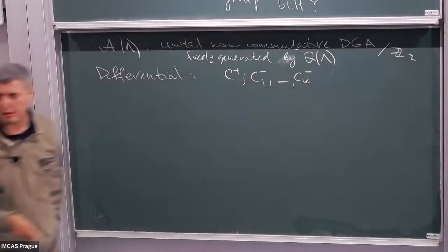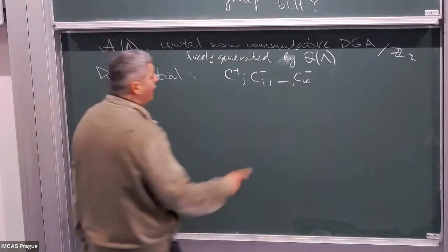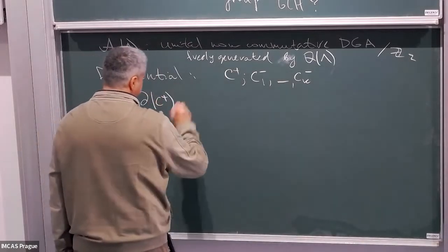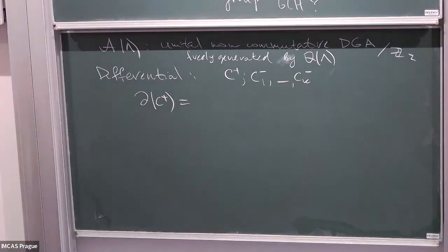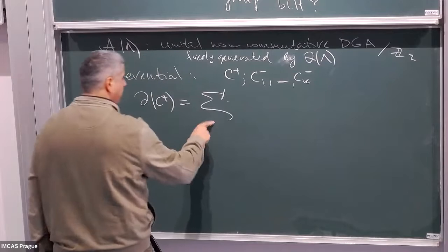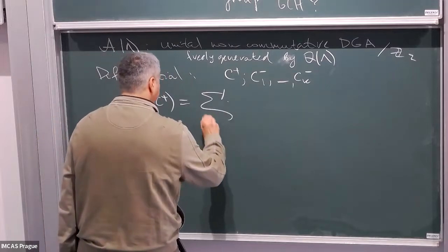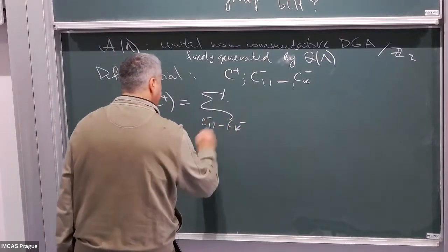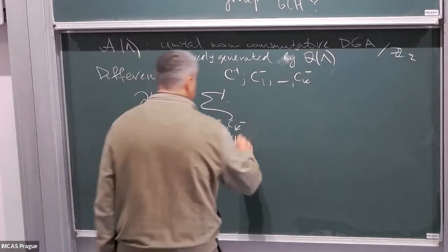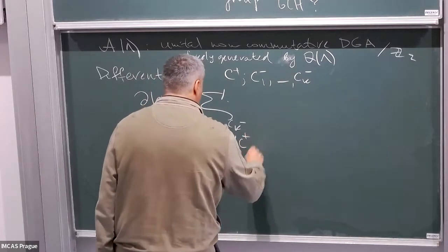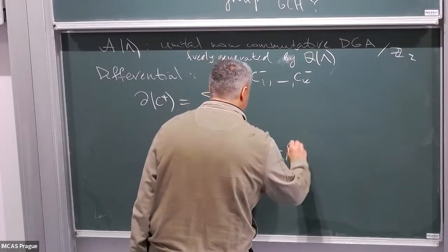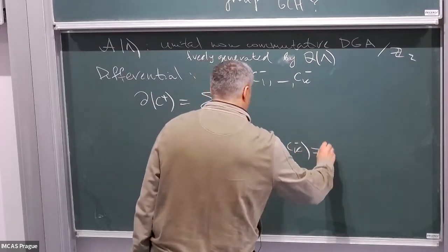Then we define d of C plus to be a sum over C1 minus, ..., Ck minus such that the dimension of the moduli space of holomorphic disks with positive puncture at C plus and negative punctures at C1 minus, ..., Ck minus equals 1.